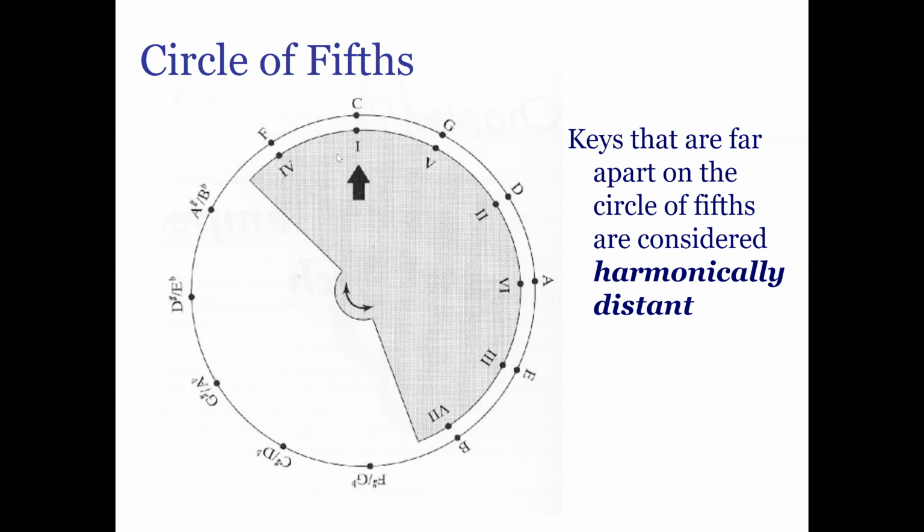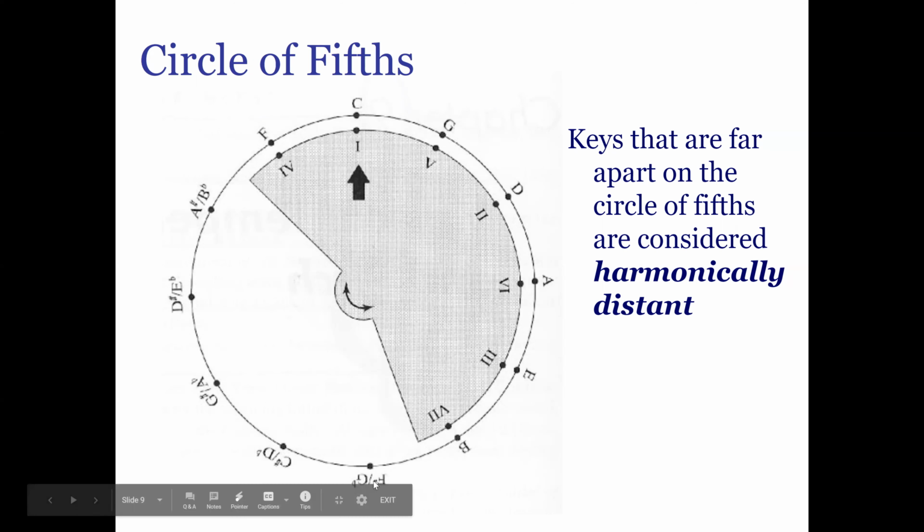Tuning an instrument to the key of C, major key of C, and then playing a tune of G, a G major tune, it's going to sound pretty decent. If you tune your instrument to a C major scale, and then you try to play something in F sharp major, well, that's going to sound really bad if your temperament is not closed.